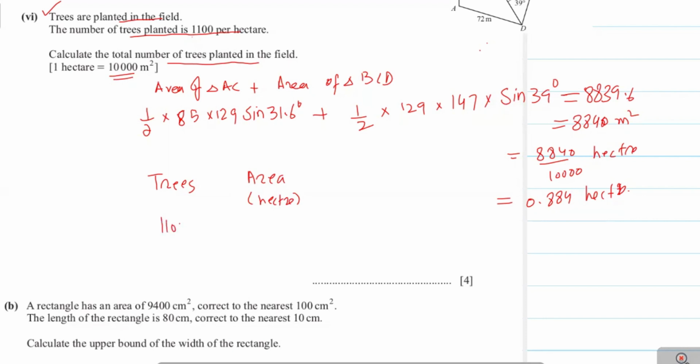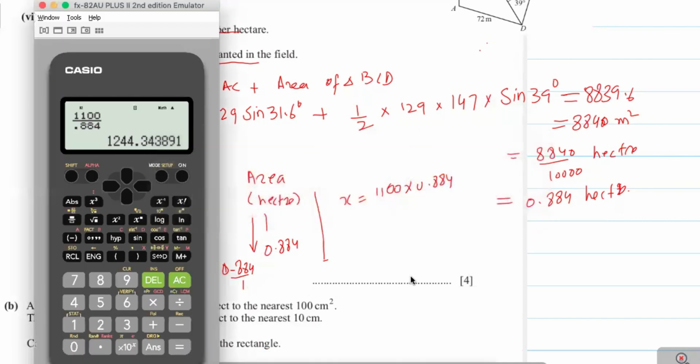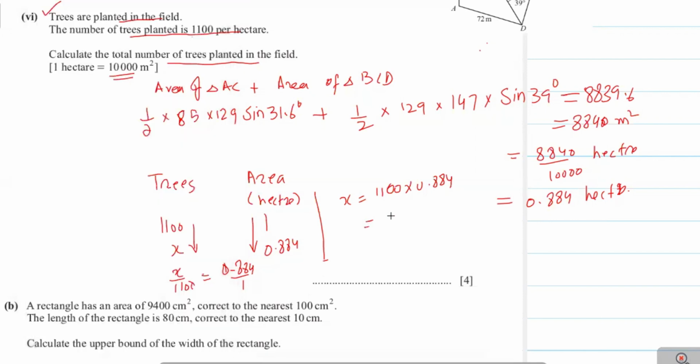Look here, 1100 trees in 1 hectare and 0.884 hectare, the number of trees will be x, and we can write x over 1100 equals 0.884 over 1, and we can write x equal to 1100 multiplied by 0.884, and this is 972, and therefore 972 trees will be planted in this field.